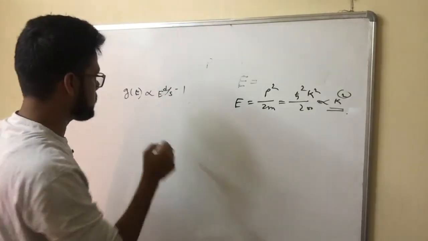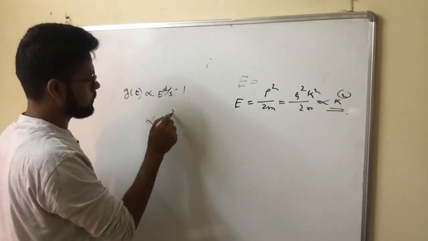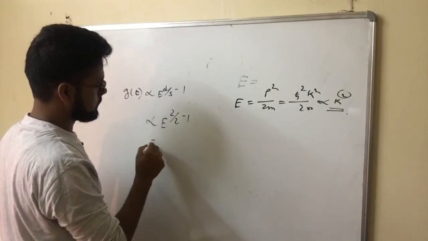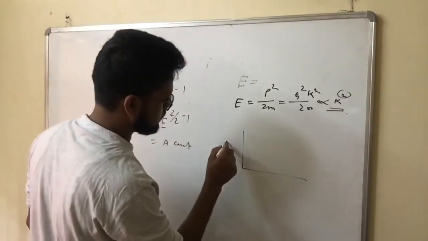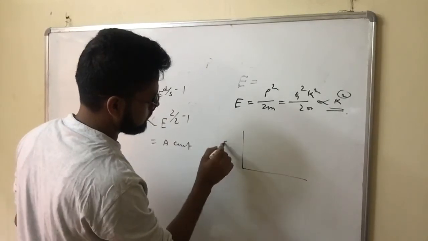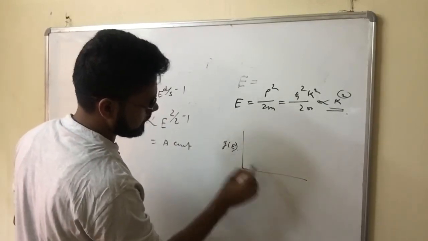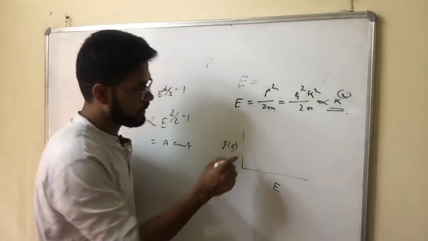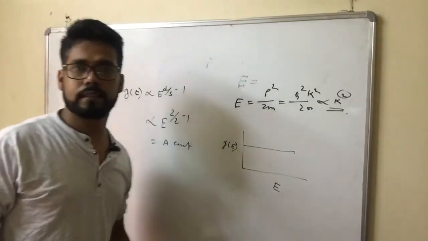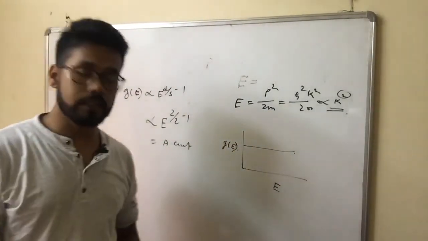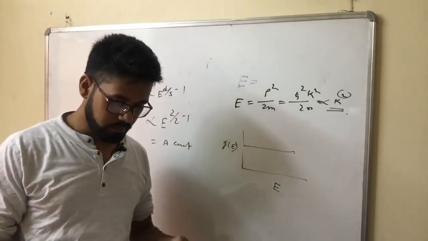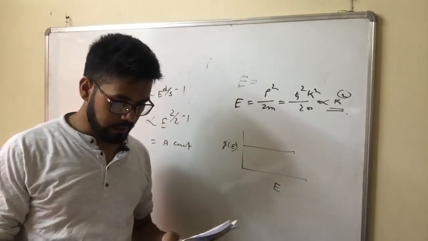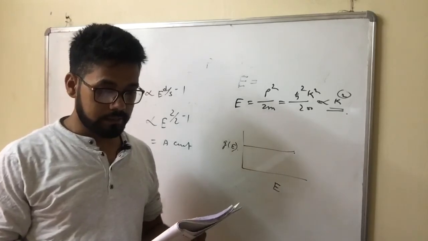That means the general formula is E^(d/s minus 1). In this two-dimensional case, the density of state is proportional to E^(2/2 minus 1), which is equal to constant. The density of state G versus E curve is what? Constant means it will be like this. This is the correct answer. This question came in the GATE exam 2014. And this question also came in a NET exam.